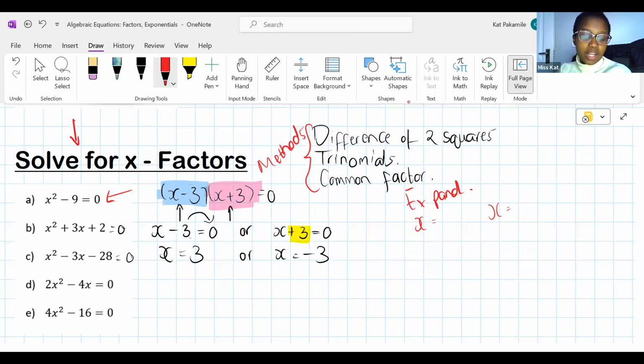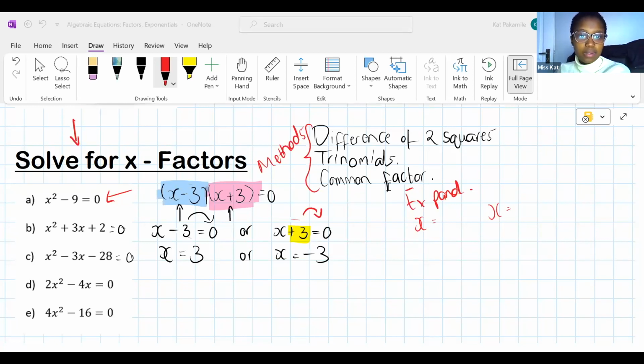Yes, I'm saying, look where I highlighted yellow. X plus 3. So 3 is positive, right? Yes, ma'am. When you take it over the equal sign, it becomes negative. You see where I got the negative 3? Yes, ma'am. Thank you, ma'am.